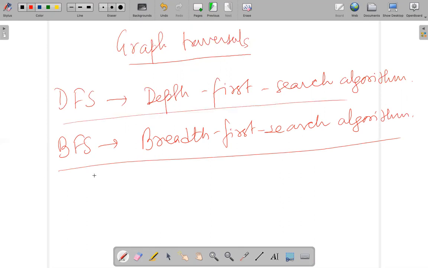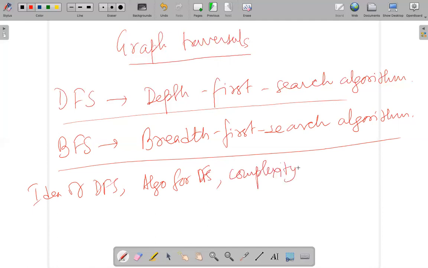So the idea would be as follows. We will start with DFS. We will then discuss the algorithm, start with an idea of what is DFS, algo for DFS, complexity analysis, applications of DFS.